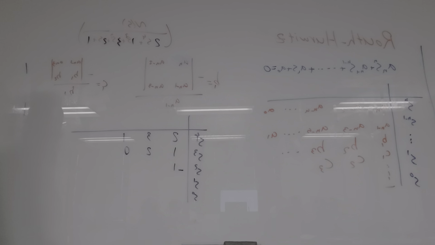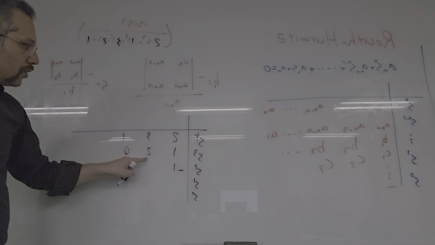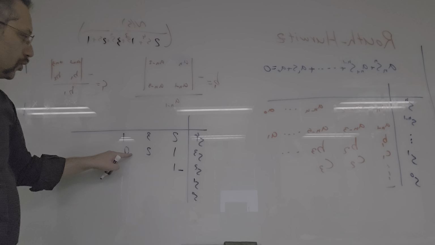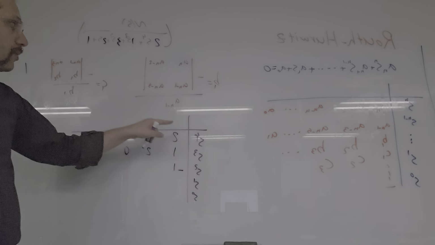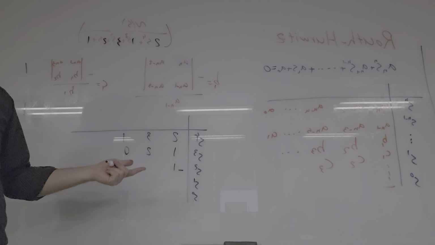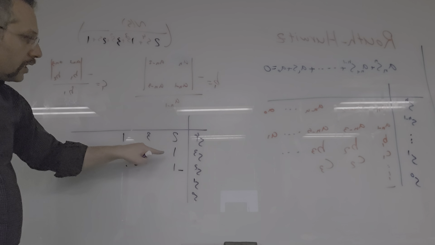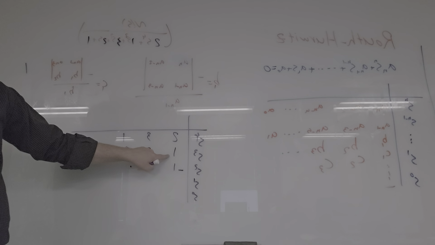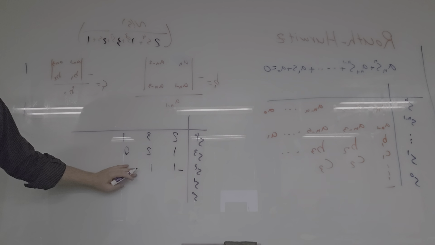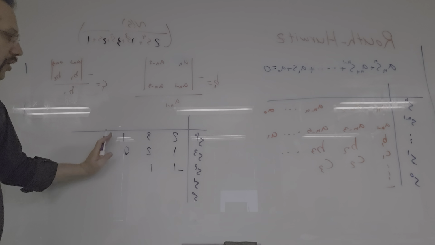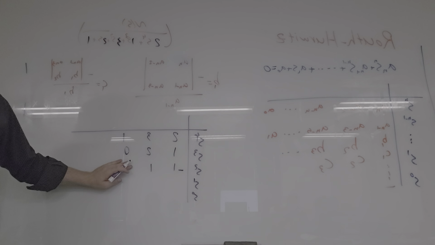Are we good? B2 is going to be 2 times 0, 0, minus 1 is minus 1. There is a minus in front of it, so it's plus 1, divided by the left bottom one, so it's going to be 1. And we don't have any number here.